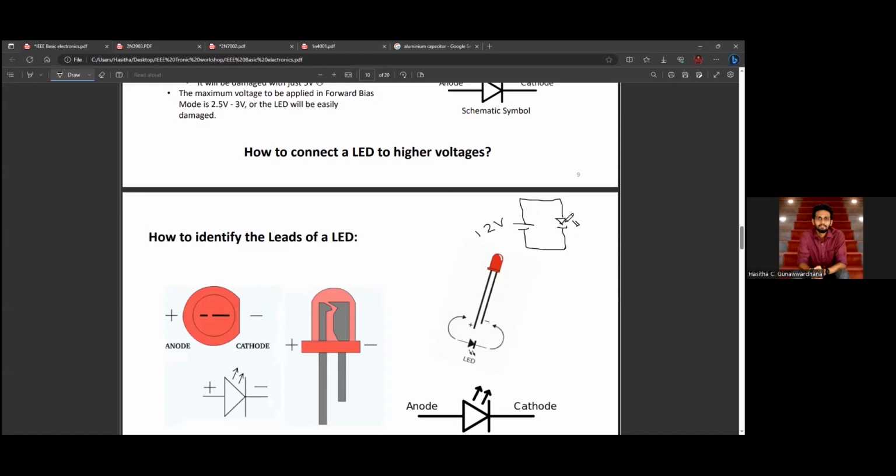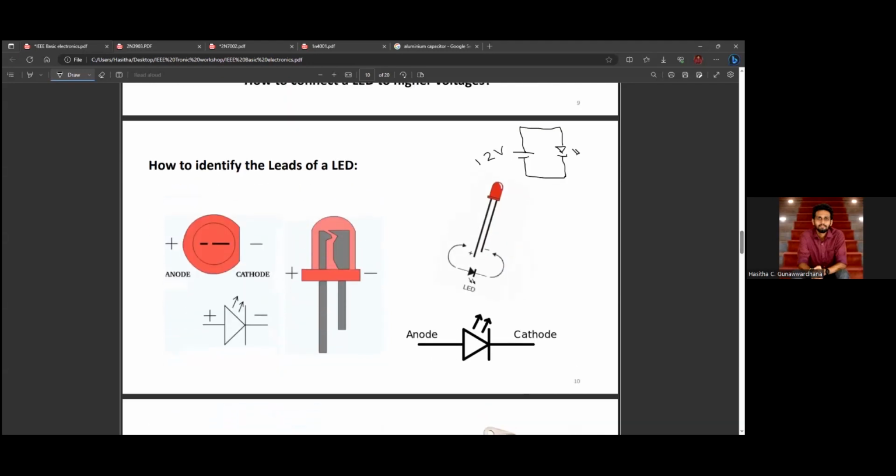It may light up for a millisecond, then it will be damaged, so you cannot use this LED after that. To prevent this, we can simply use a very basic component, a resistor here. A resistor will control the current flowing through this circuit.